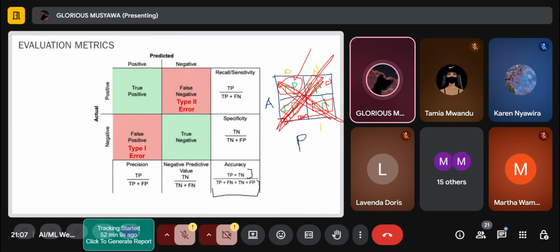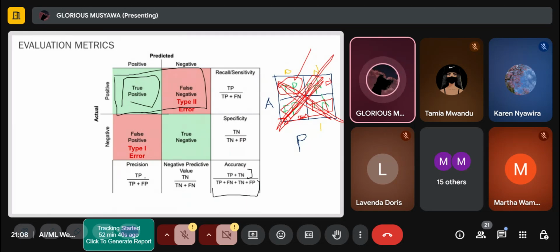That will give you the accuracy of the model, those that have been accurately classified over everything in the model. Then recall, also called sensitivity in some scenarios, is the true positive, the accurately predicted ones, over the true positive plus the false negative.